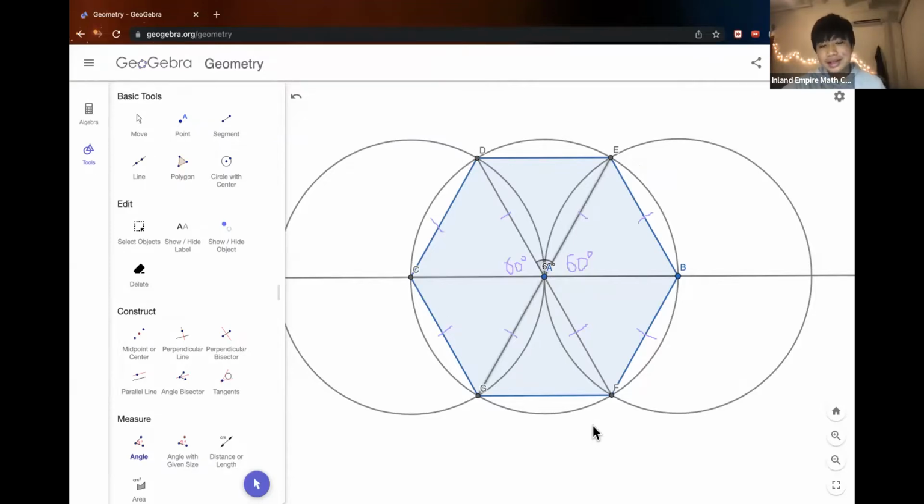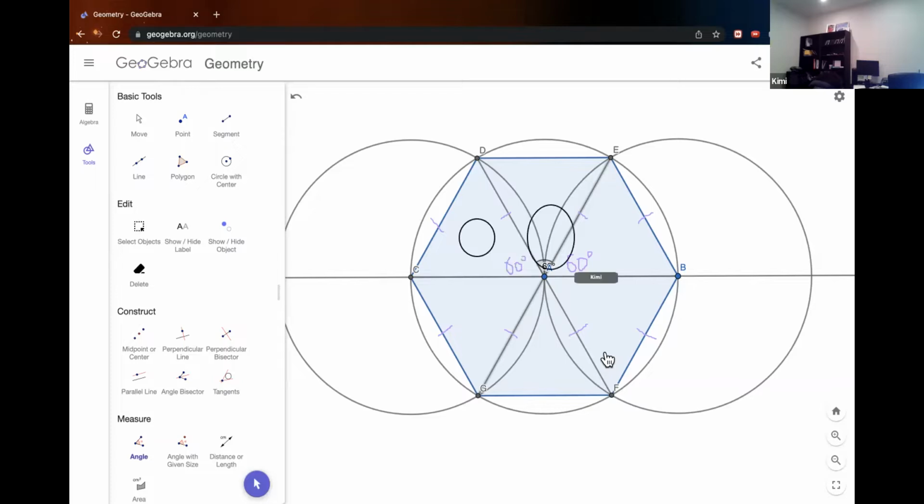And now it's actually really great because now you can construct so many different shapes, so many different things using just very basic tools, a ruler and a compass. I never thought a ruler and a compass would make so much stuff.